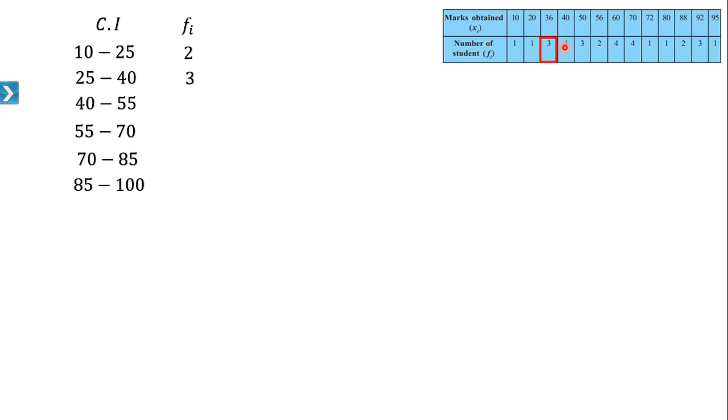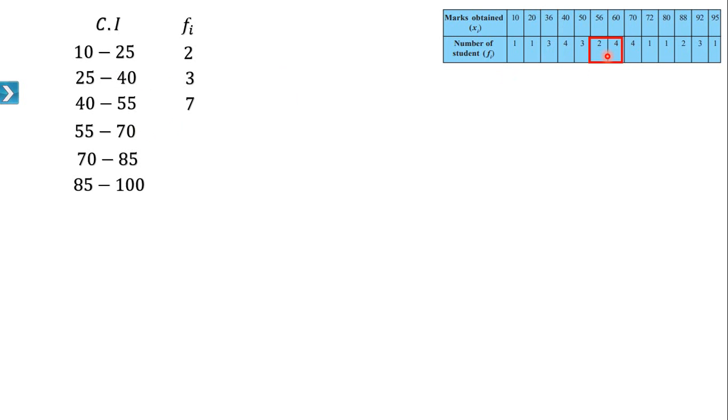Next 40 to 55, that is this one, 40 and 50, that is 7, and 55 to 70, that is these two, 56 and 60. 70 we have to take to the next class interval.